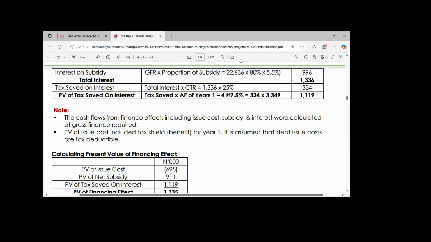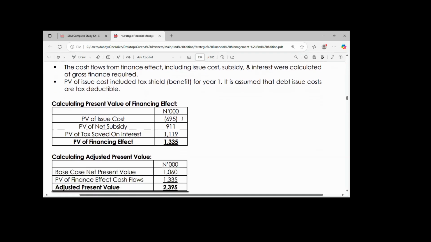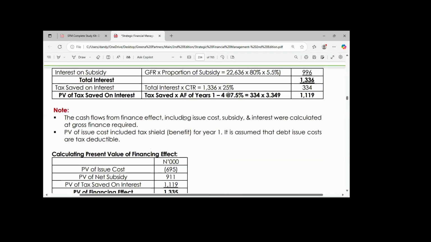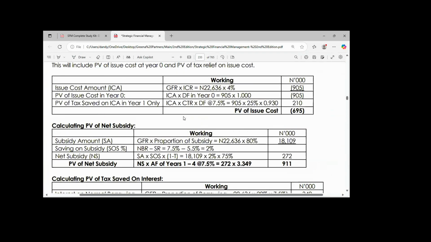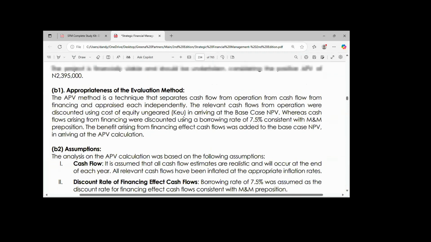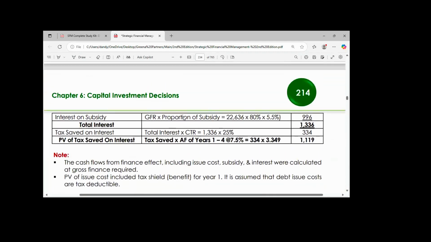So this is how to calculate adjusted present value. It's the same procedure, anyhow the question is structured. It's no more than this. Okay, then. Let me see if I stated my assumptions in this calculation, because you can never earn your full mark without stating your assumption.